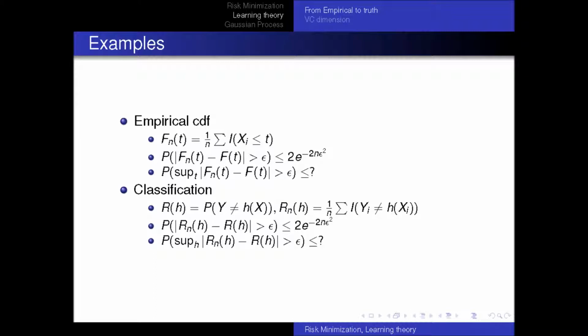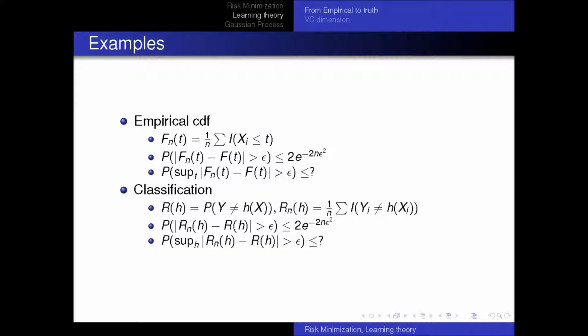So from Hoeffding's inequality, we know that this Fn(t) we estimated, how far is it from the true CDF F(t)? The true F(t) is here. This is our estimated CDF. So how far are these two things? Hoeffding's inequality tells us the probability of these two things being farther apart than epsilon is less than or equal to 2 times e to the minus 2 n epsilon squared.